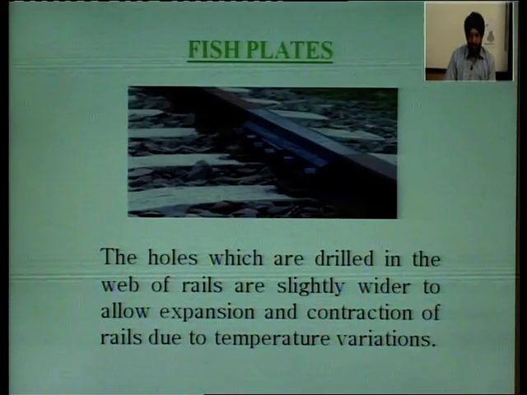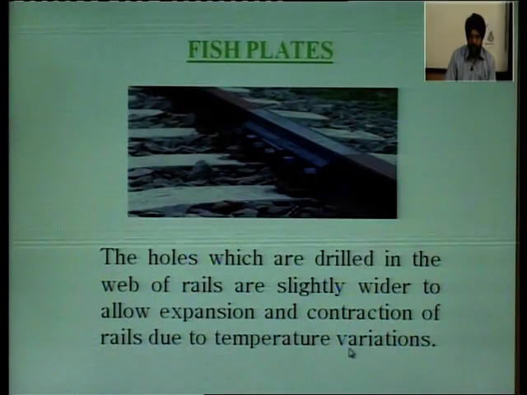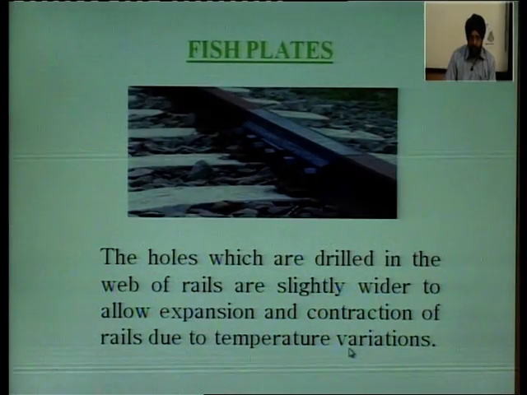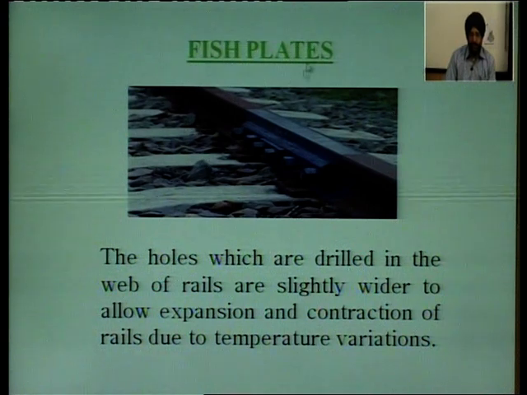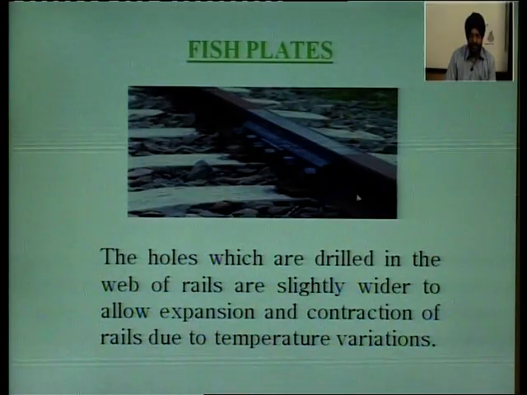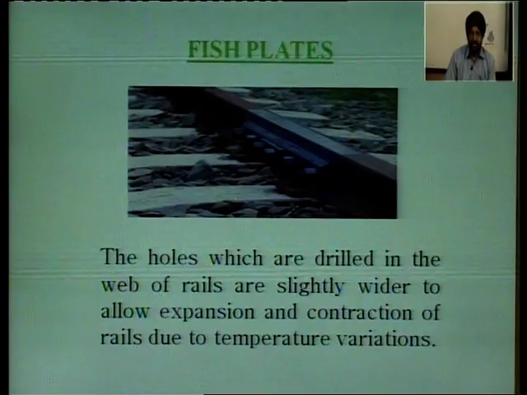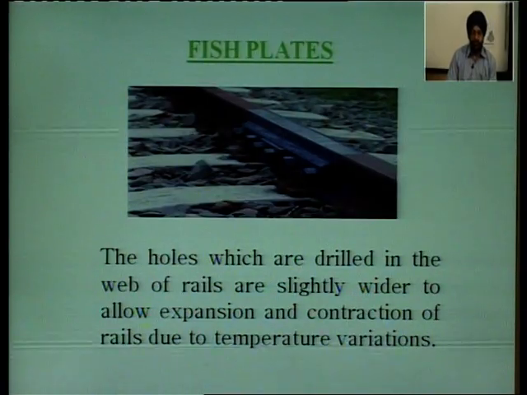We all know these rails are exposed to the atmosphere, so certainly there are temperature variations. To cover up those temperature variations, the holes drilled in the web part are slightly wider as compared to the bolts, just to accommodate the expansion and contraction of rails.